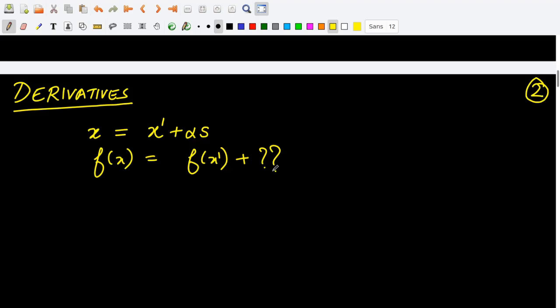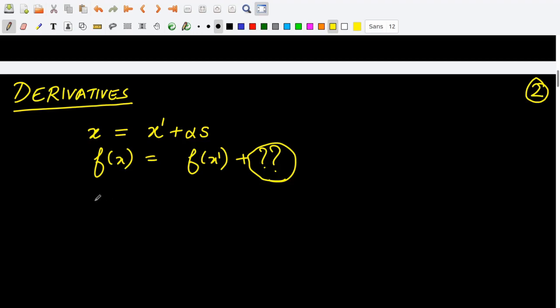Okay, so this is the part that I want to estimate. If I don't have any local information, I can just say that f(x) is nearly going to be equal to f(x1), if that is the only information I have. But now, since I have derivatives, I can do better and say that the new value is not going to be exactly the same as f(x1), but I can estimate how different it is going to be based on the derivatives.